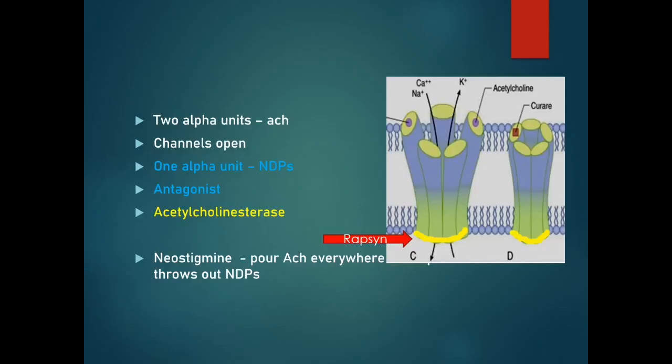Now, what exactly does the neostigmine do? Once the surgery is over, and once we need to reverse it, we use neostigmine. The effect of this neostigmine is that it pours the acetylcholine everywhere and throws out the non-depolarizing muscle relaxants.